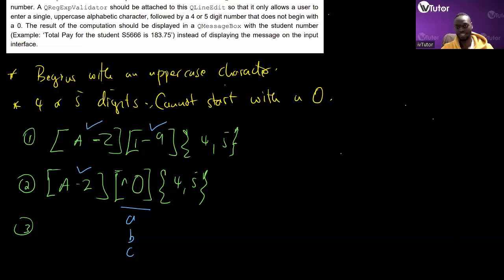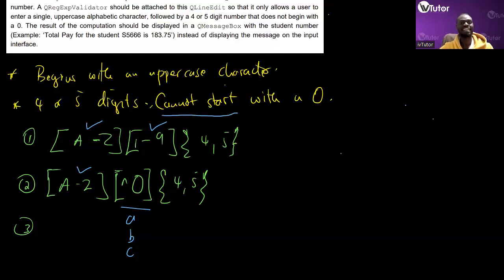Now, the challenge we have is the last part. Then you went 4 or 5 times. Now, this means you want an uppercase character followed by 4 or 5 numbers that are not zeros, whereas the requirement is just cannot start with a 0.